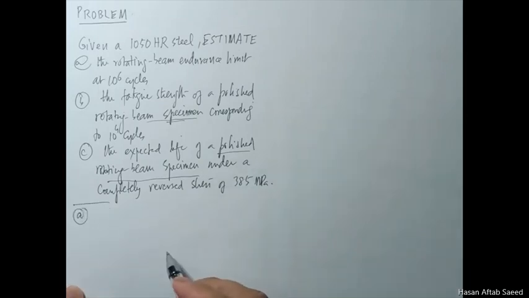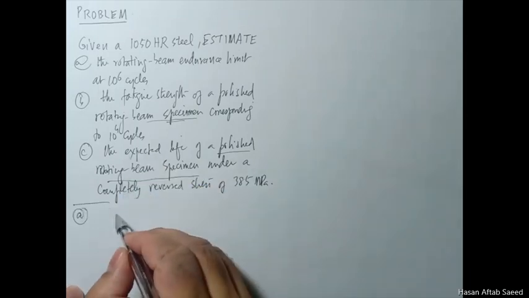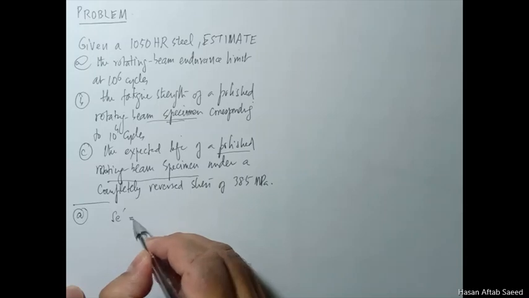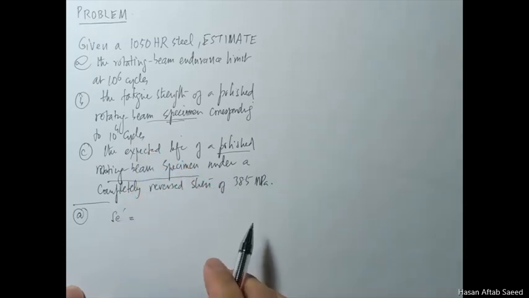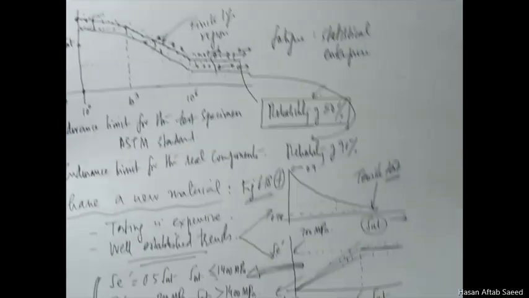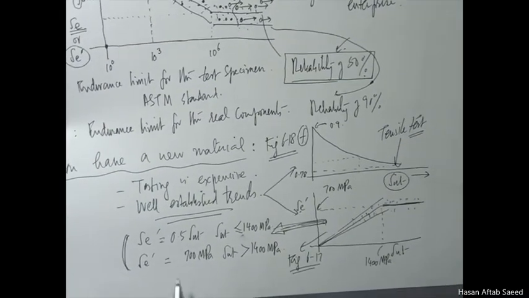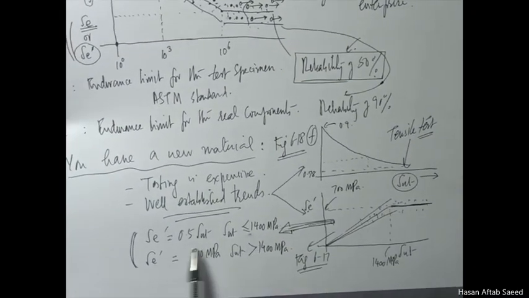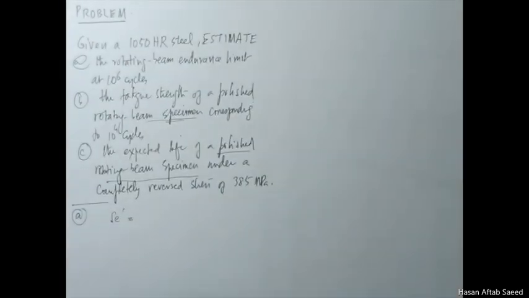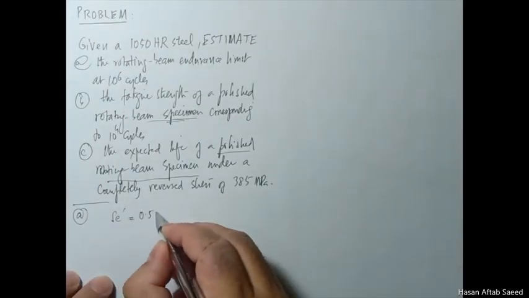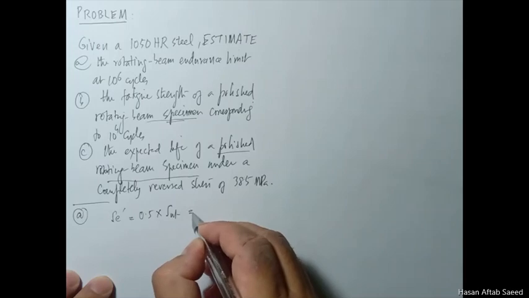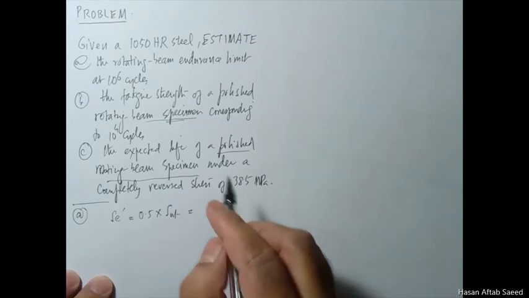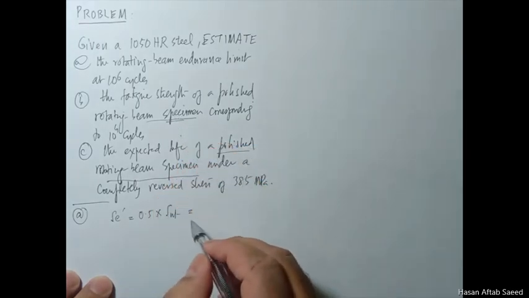Part A is very simple. We need to find SE prime, and SE prime, if you recall, for SUT less than 1400 MPa, please recall this, is simply 0.5 multiplied by SUT. In this case, what is the SUT?